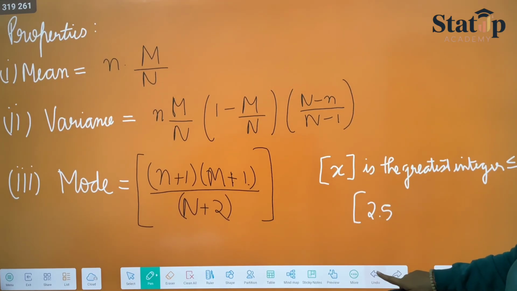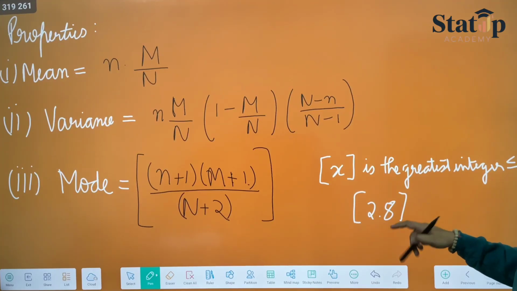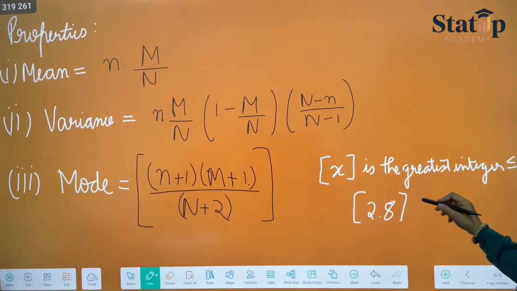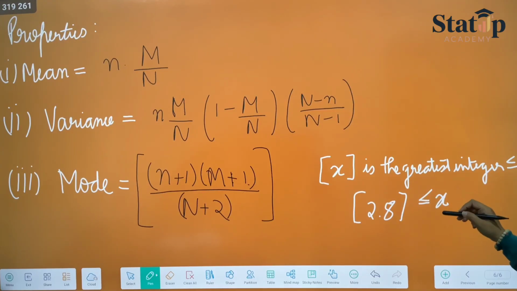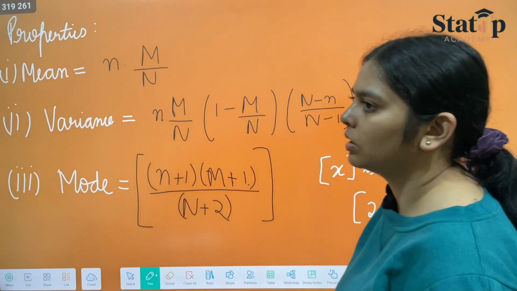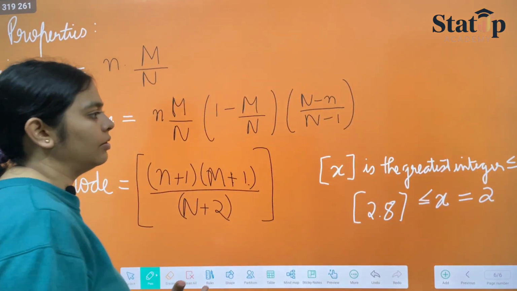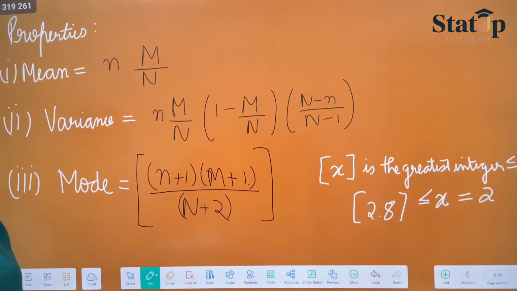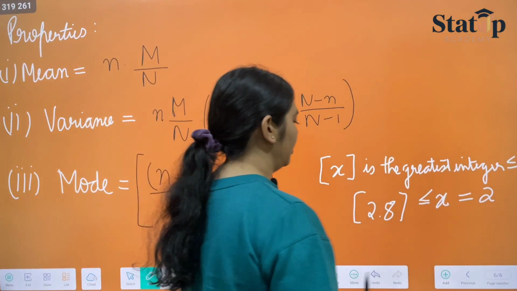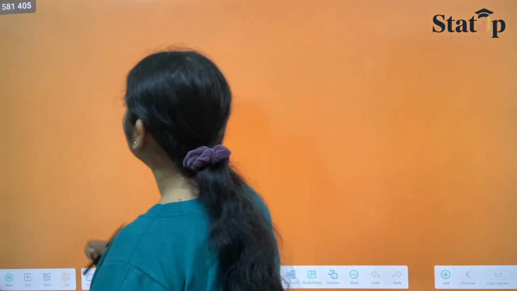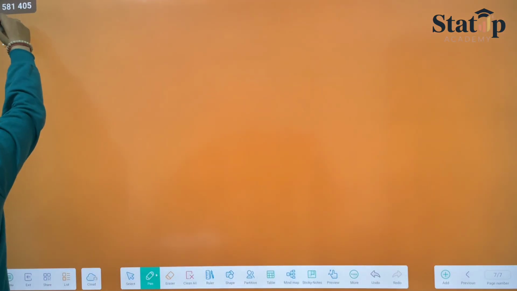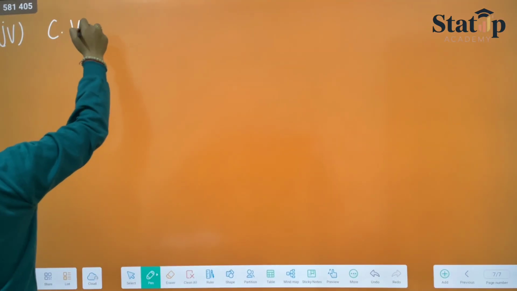If I take 2.8, the nearest integer is 3, but if we take the greatest integer less than or equal to x, then it will be 2. And if nothing is given, then it will be 3. So that's what is meant by the greatest integer bracket. Now moving forward to the fourth property, which is our coefficient of variation.